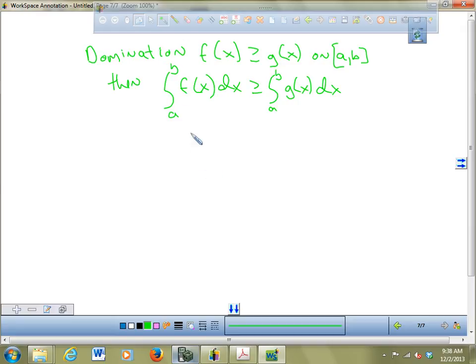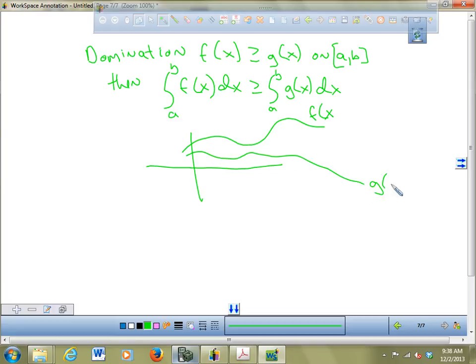If this is f of x, and say g of x is down here, and this function always has bigger y values than this one, then this integral over an interval is always going to be bigger than that integral. That's all that says. That's not any big deal. But that will be useful when you're finding areas between two functions and you have to figure out which one is bigger than the other one and subtract them.